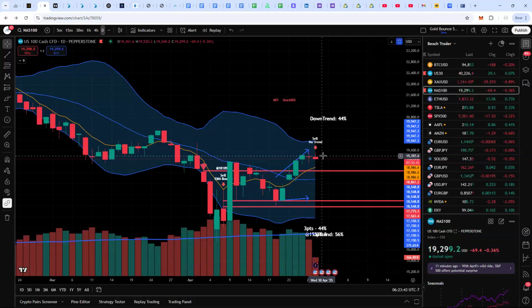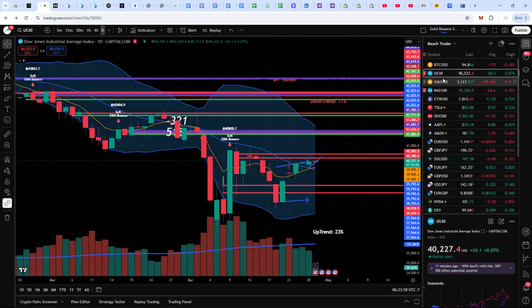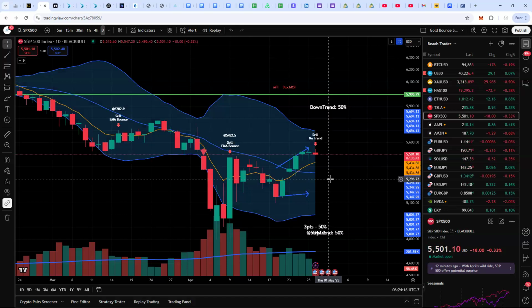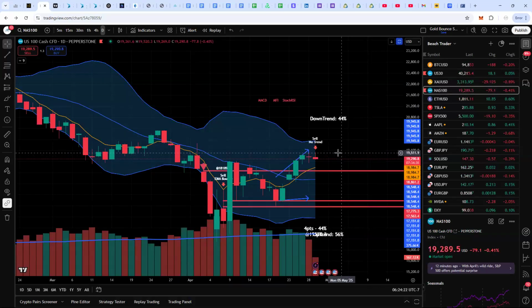Ooh, we got a sell signal on the day for Nas 100. Uh-oh. We got a sell signal for the SPX 500 for the day also. Whoa. It already went down 300 on here.